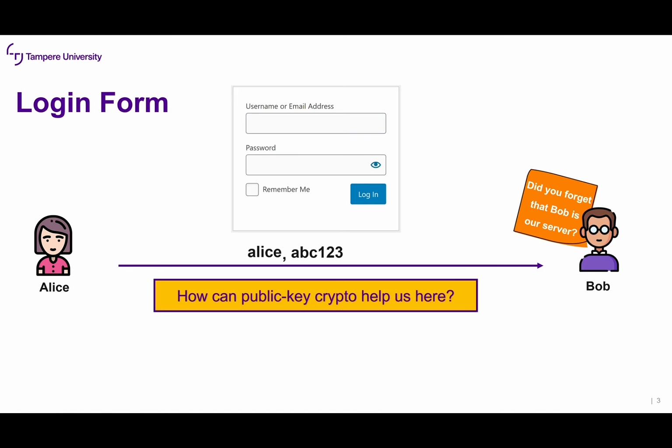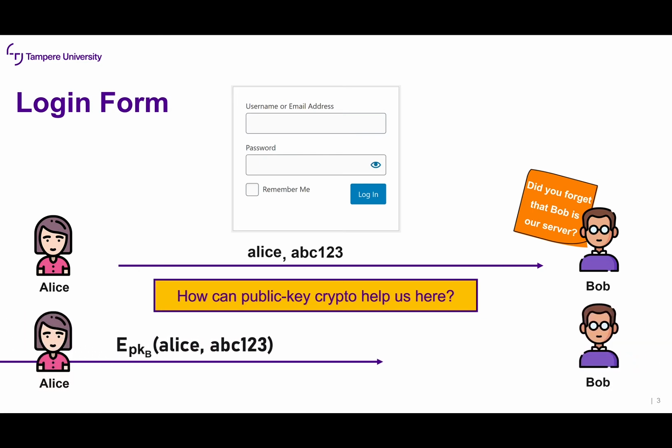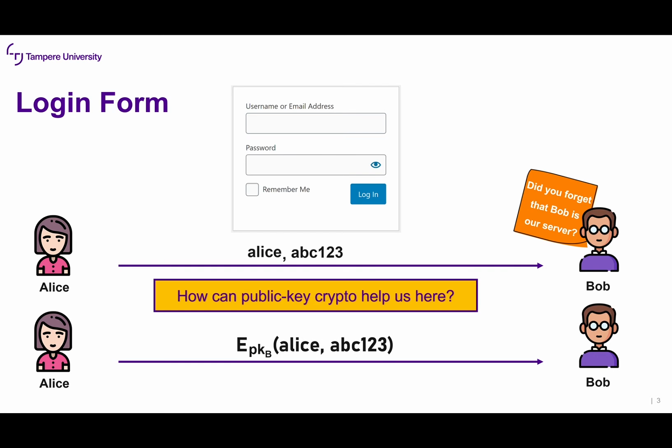So I would like you to pause the video here and take some minutes to think about it. Okay. Right. So usually what someone would obviously think is that Alice can use Bob's public key. Bob's public key is known to everyone, it is public information, and having access to Bob's public key doesn't say anything about Bob's private key.